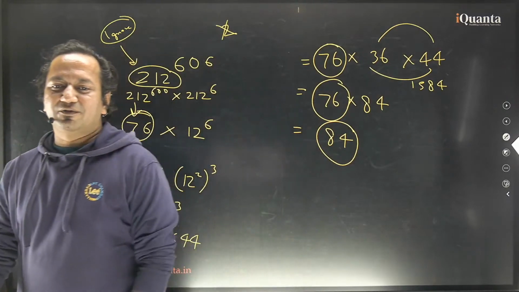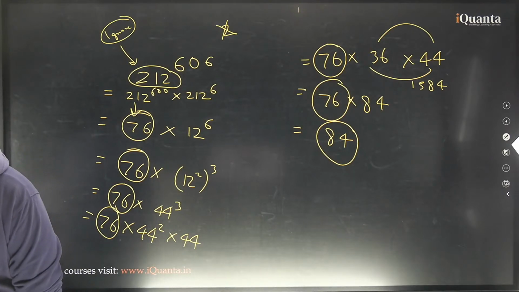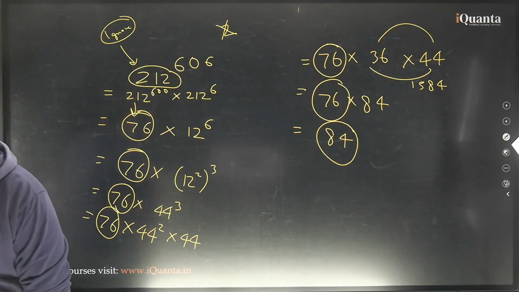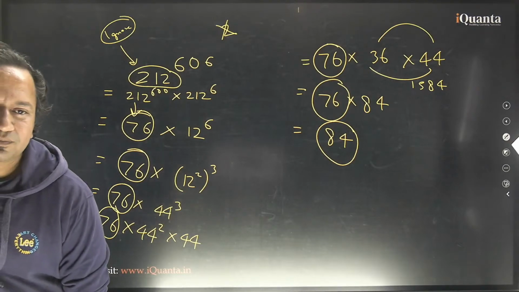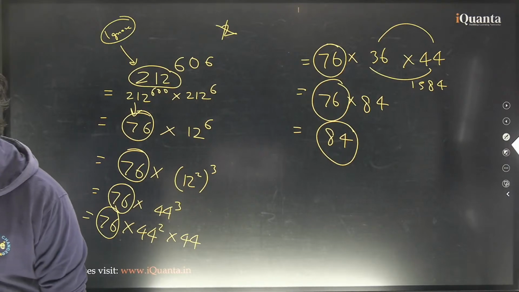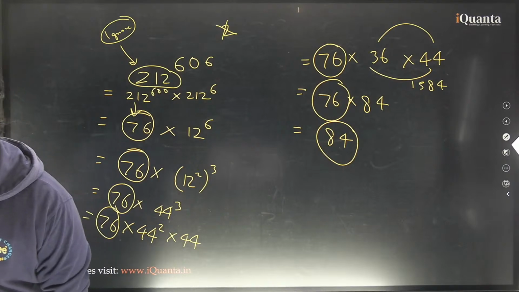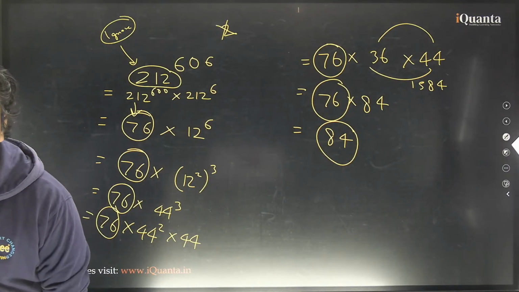Just note it down somewhere. Yeah, Shalu, we have shortcuts in algebra. Rishabh, doesn't matter. Just one thing, that the base should not be a single digit. Is that clear?